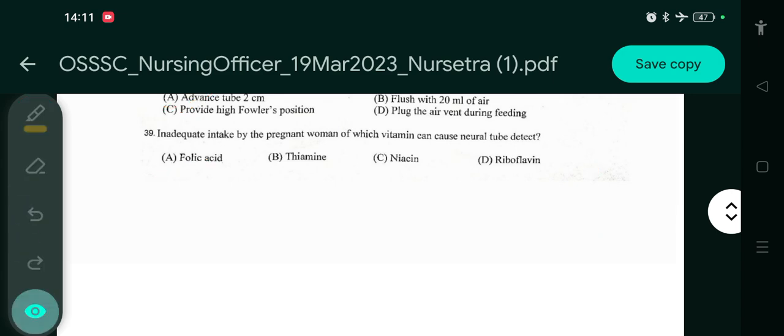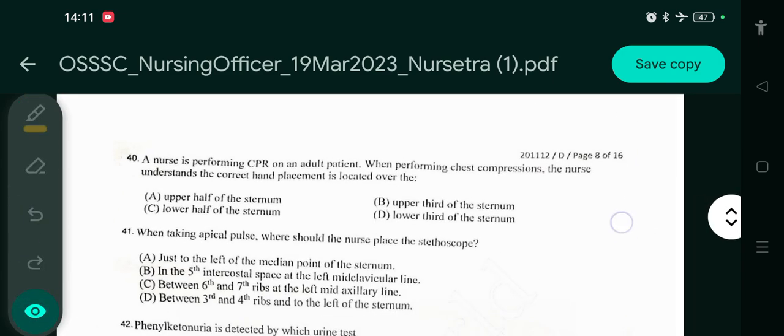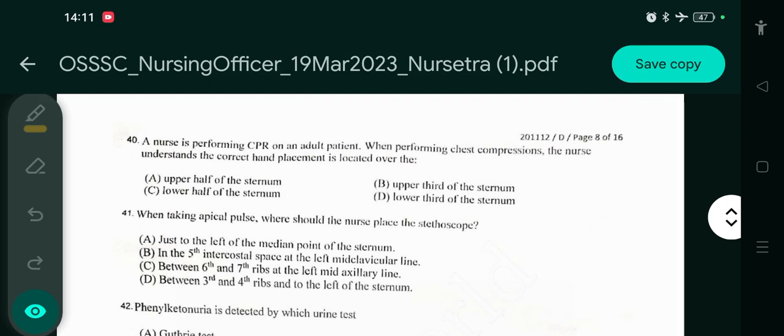Next question. A nurse is performing CPR on an adult patient. When performing chest compression, the nurse understands the correct hand placement is located over A, upper half of the sternum, B, upper third of the sternum, C, lower half of the sternum, D, lower third of the sternum. Here the correct answer is C, lower half of the sternum.